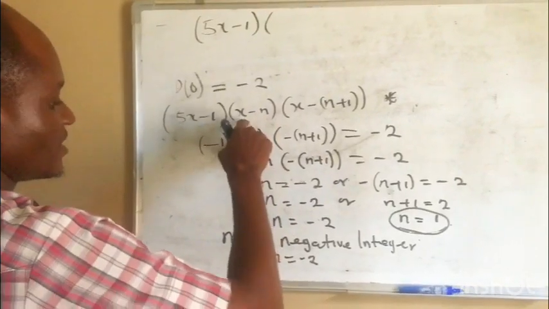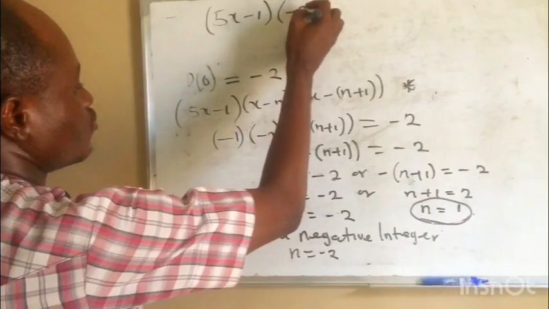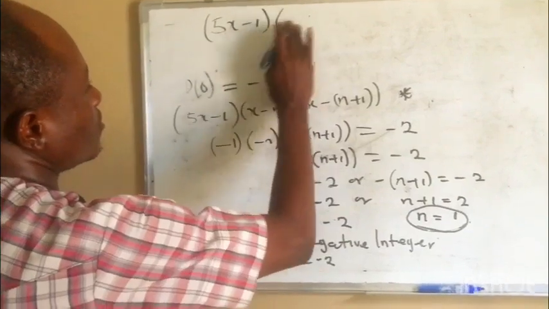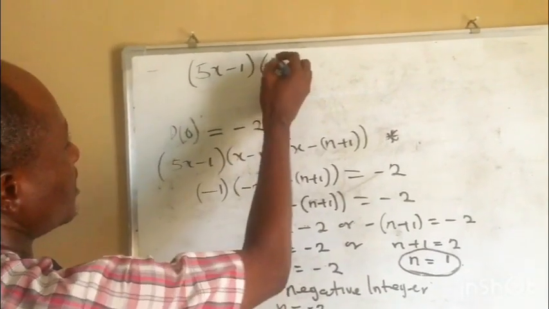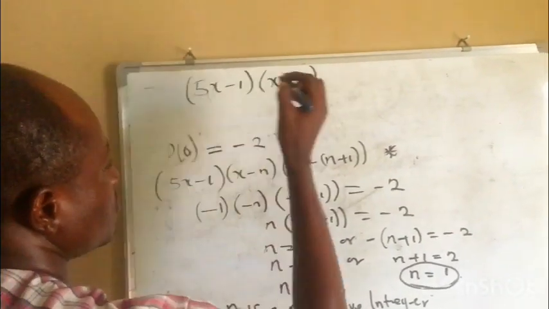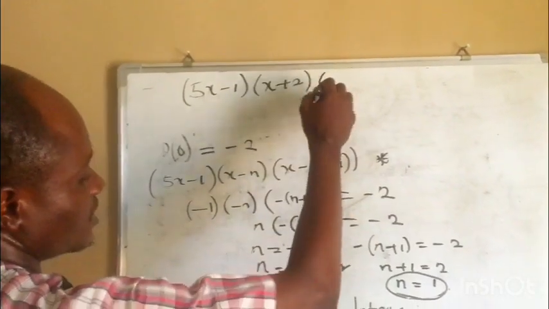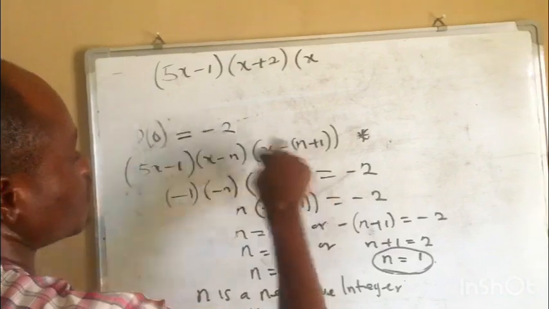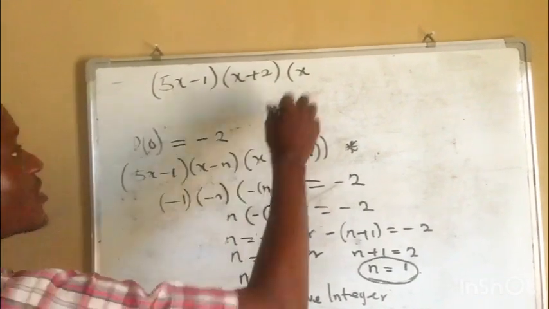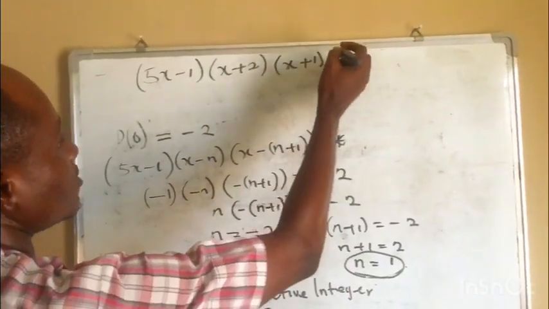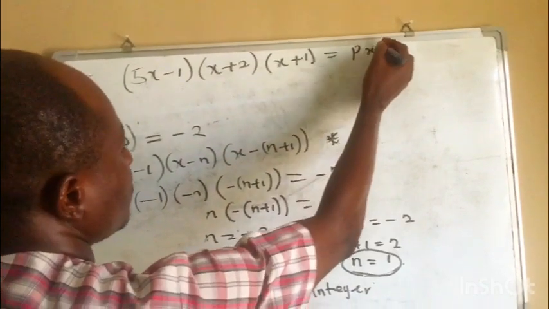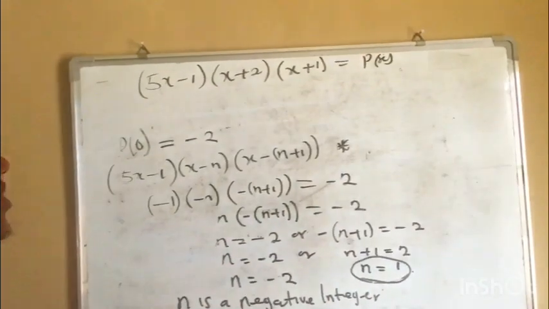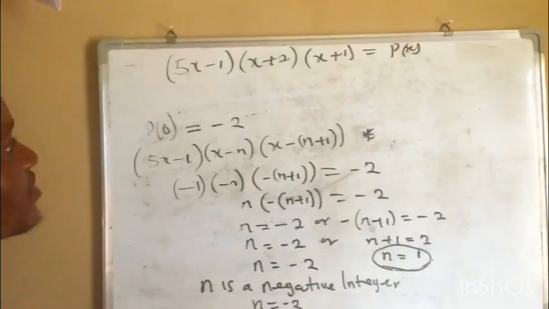What's my n? Is it minus 2? Sorry, that means it will be x plus 2. The third one will be x, n is minus 2, minus 2 plus 1, that's minus 1, so x plus 1. This will form my p of x, the polynomial. You see now, the polynomial is now in terms of x.